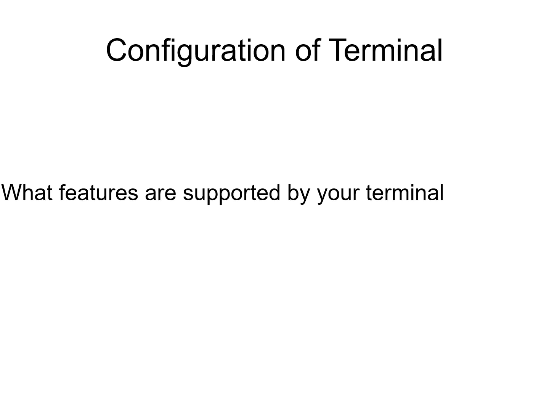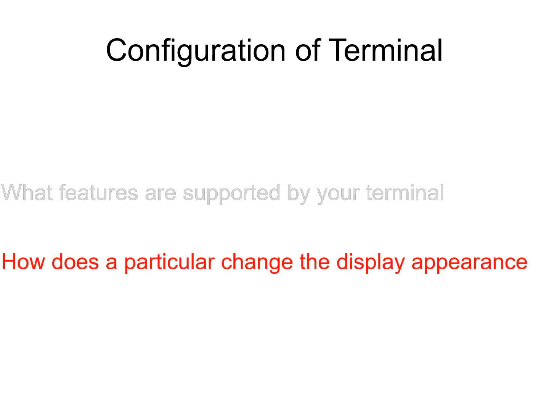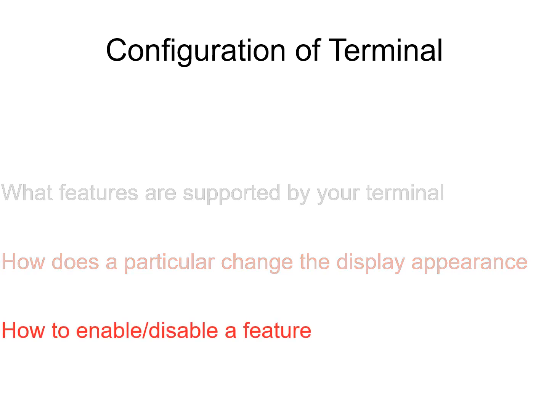There are three main aspects of the terminal that need to be understood before you can select the appearance characteristics of your output. What features are supported by your terminal or terminal emulator? How does a particular feature change the display appearance? Which command enables or disables the feature?